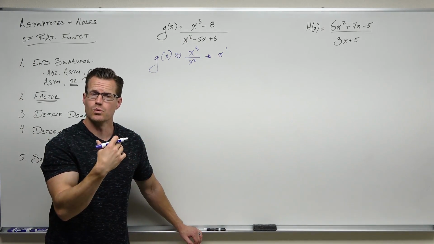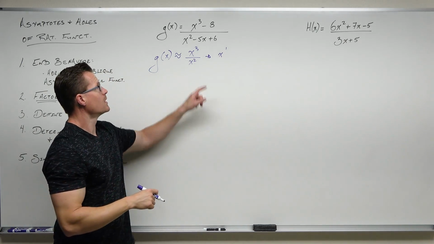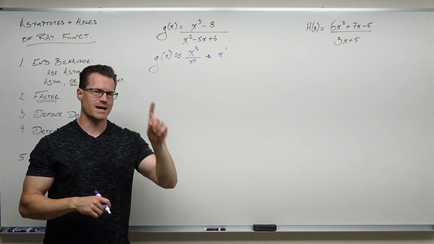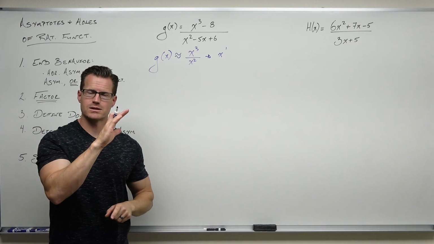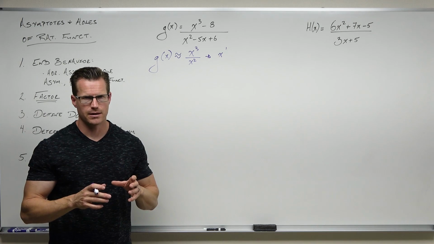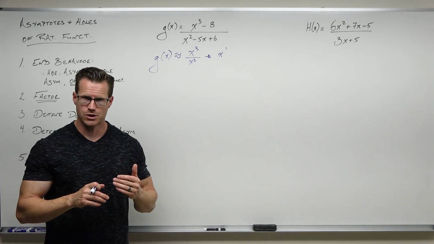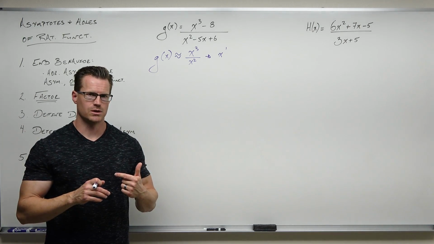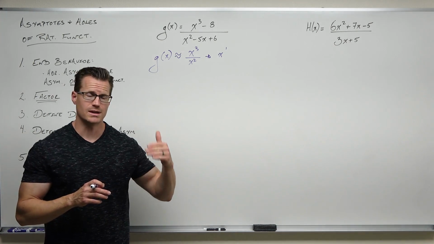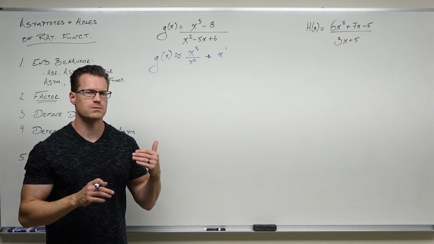And if you think back to that video on oblique asymptotes, if your numerator is larger than your denominator in terms of degree by exactly 1, you will have a slant or diagonal or oblique asymptote. We have to find that. So you have an option here. With oblique asymptotes, there's kind of 2 cases. One where you can cancel out a factor and one where you can't.